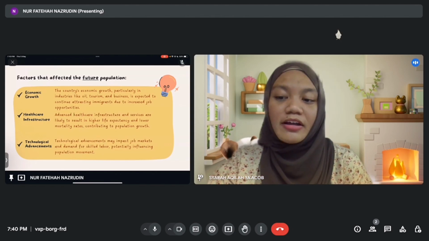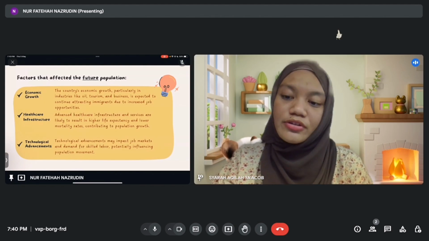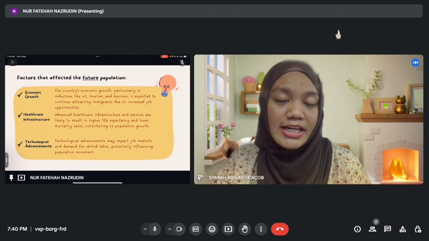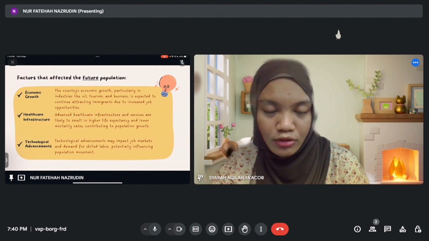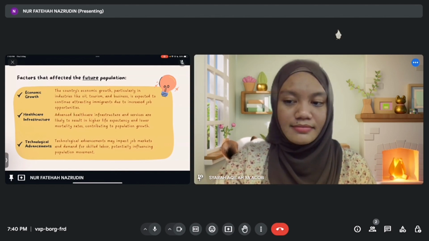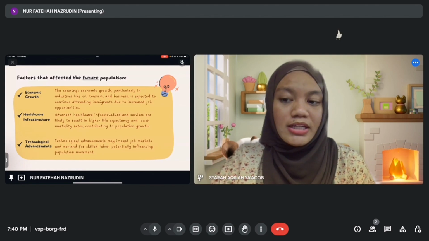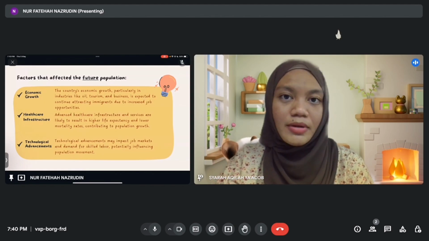Secondly, healthcare infrastructure and services need to improve more in order to make life expectancy higher and mortality rates lower, which makes the population growth increase. And lastly, technological advancement. Advanced technology could impact job markets and demand skilled labor.